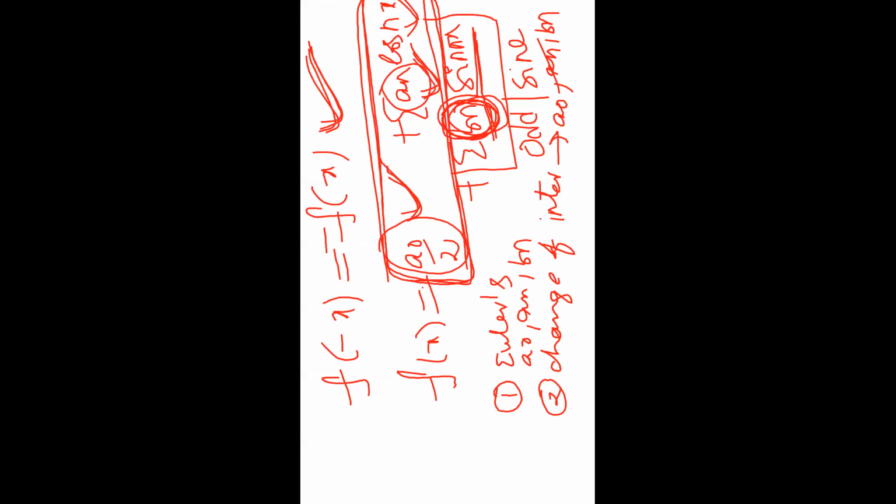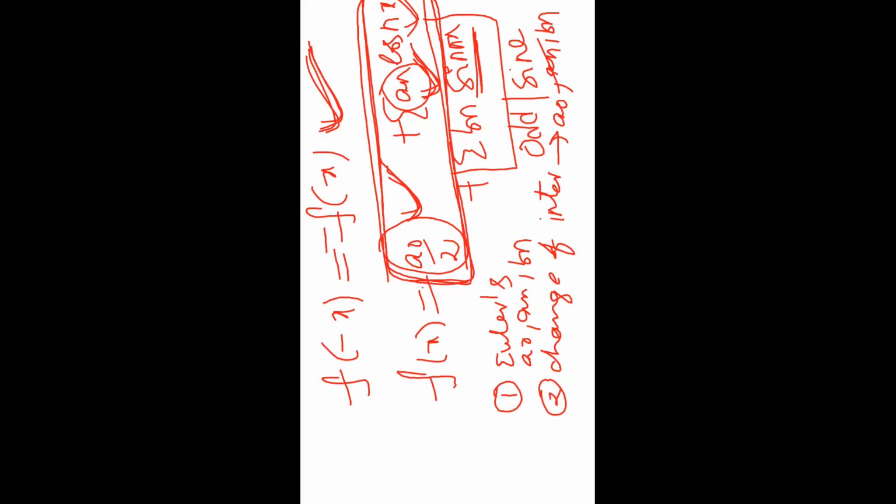Another way the problem may be given is cosine series, find the half range cosine series. In this case, we have to calculate a naught and an. Suppose f of x is odd, we have to find out only bn. If the given problem statement is find the half range sine series, in this situation also we have to find only bn.